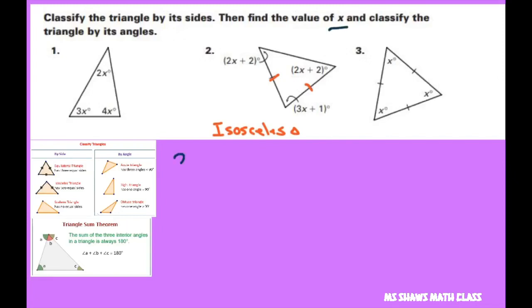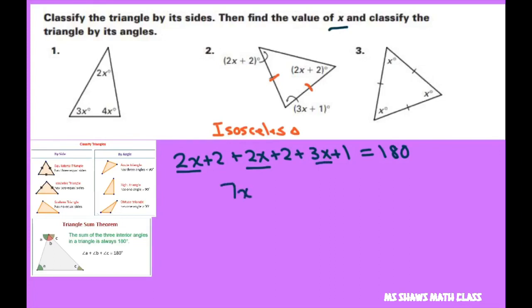And then we're going to solve for x. So just add up all our angles here and set it to equal 180 using our Triangle Sum Theorem. So in our x's we have 2 plus 2 plus 3, that's 7x.